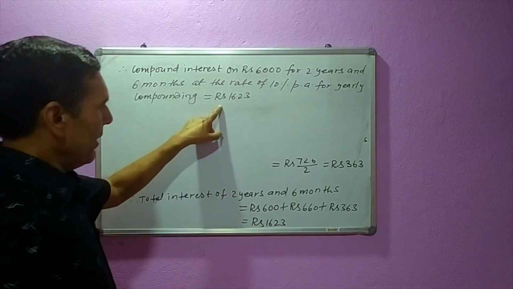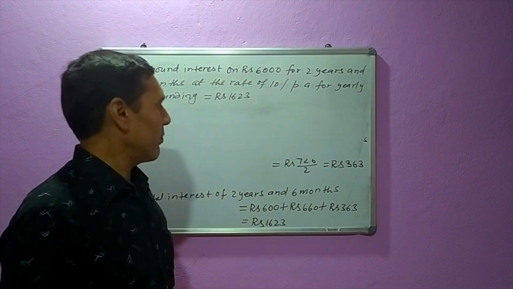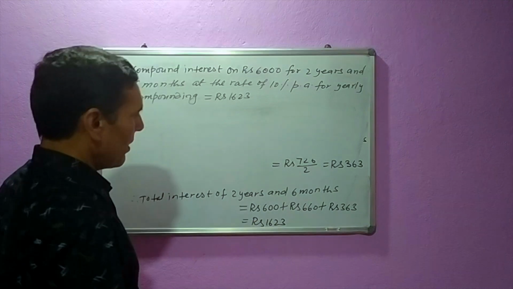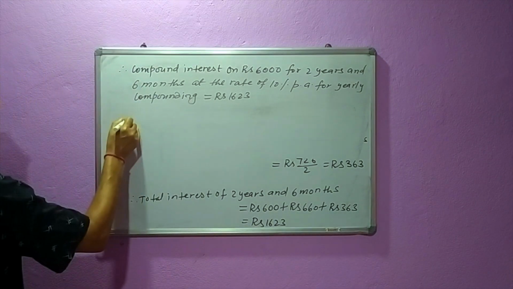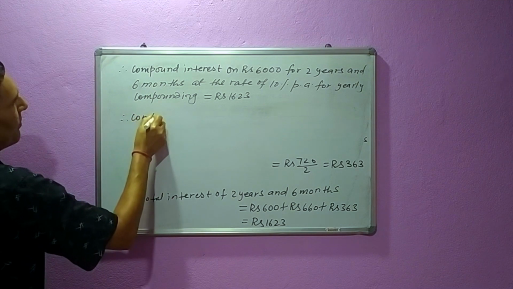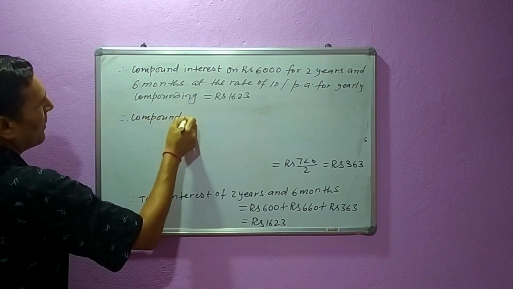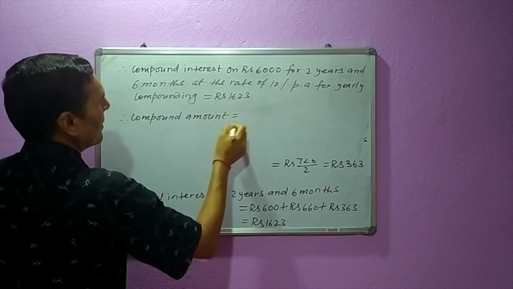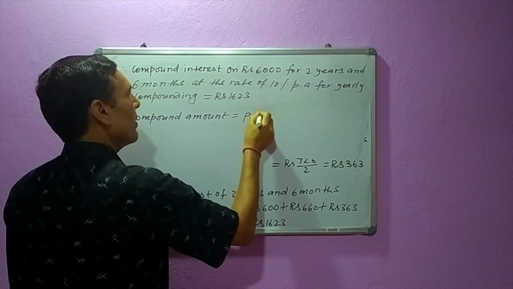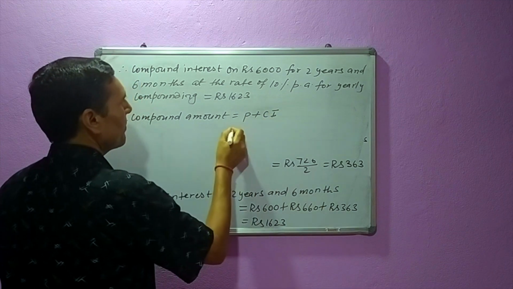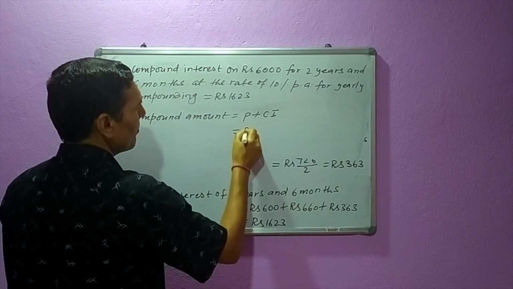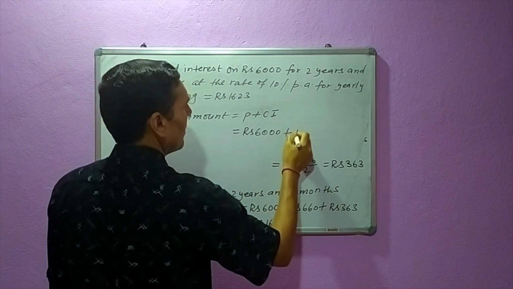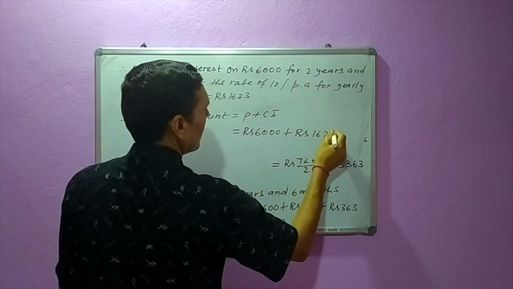So after getting the interest, as we have the principal provided by the question, the sum of the principal and interest becomes the compound amount. Therefore, compound amount is equal to principal plus compound interest. So principal is rupees 6,000 plus interest is 1623.